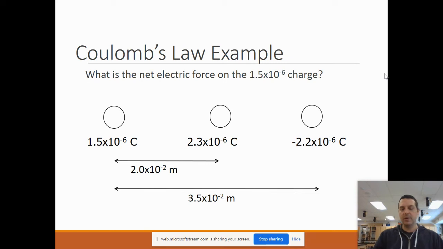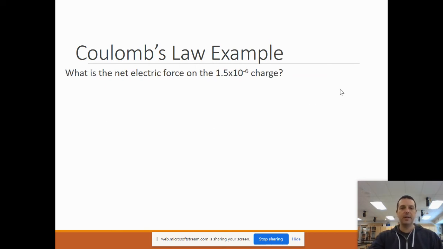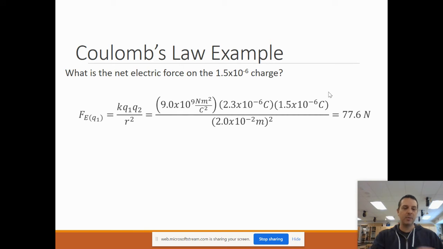So I'm going to find the magnitude of the force between each of these, and then I'm going to add them together for the 1.5. Let's go ahead and do that. I'm going to start with the force from Q1 and Q2. I'm multiplying 9 times 10 to the 9, the electrostatic constant, by the magnitude of the middle charge, which is 2.3 times 10 to the negative 6, by the magnitude of the charge in question, which is 1.5 times 10 to the negative 6.